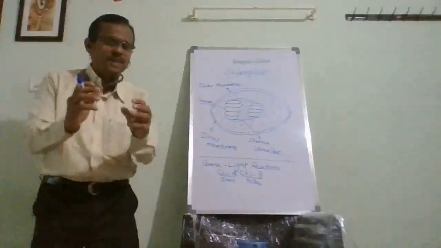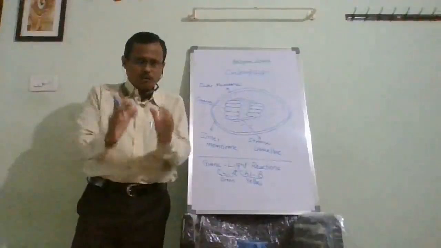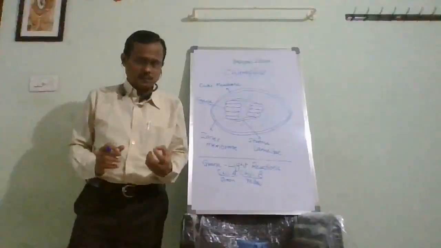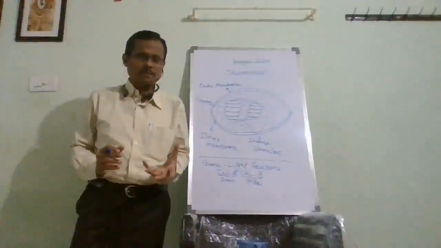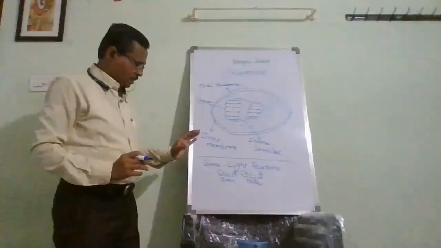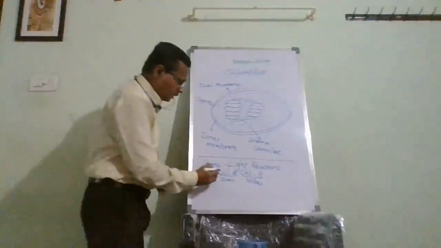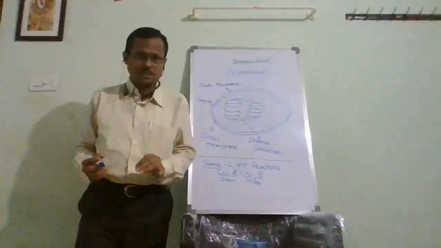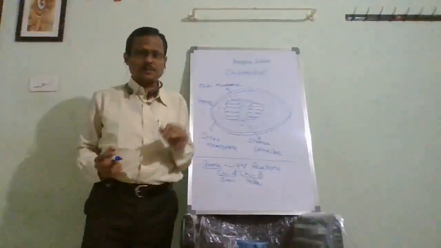These are nothing but pigments. So chlorophyll is a pigment that traps the sunlight. Here the grana is the initiator of the process of photosynthesis by light reactions.